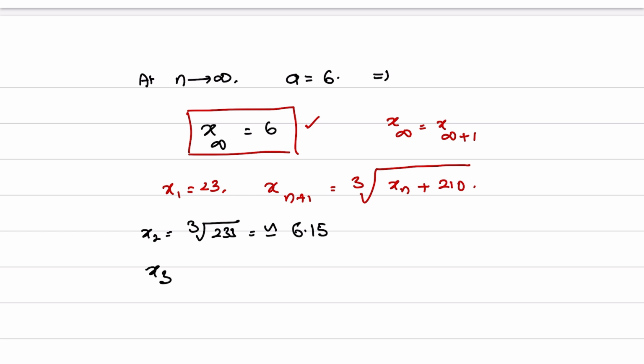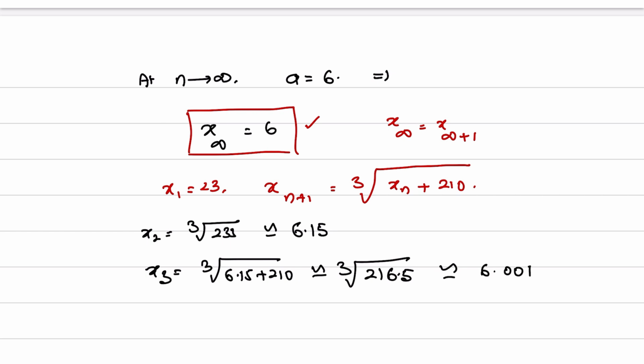And what will be x3? The cube root of 6.15 plus 210. That is approximately the cube root of 216.5, which is approximately 6.001. x4 is equal to the cube root of 6.001 plus 210.